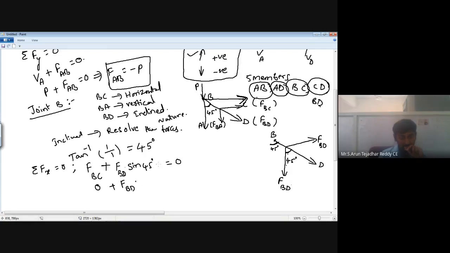And what is sine 45 degrees? That is 1 by root 2, is equal to 0. Simple, FBD is equal to 0.